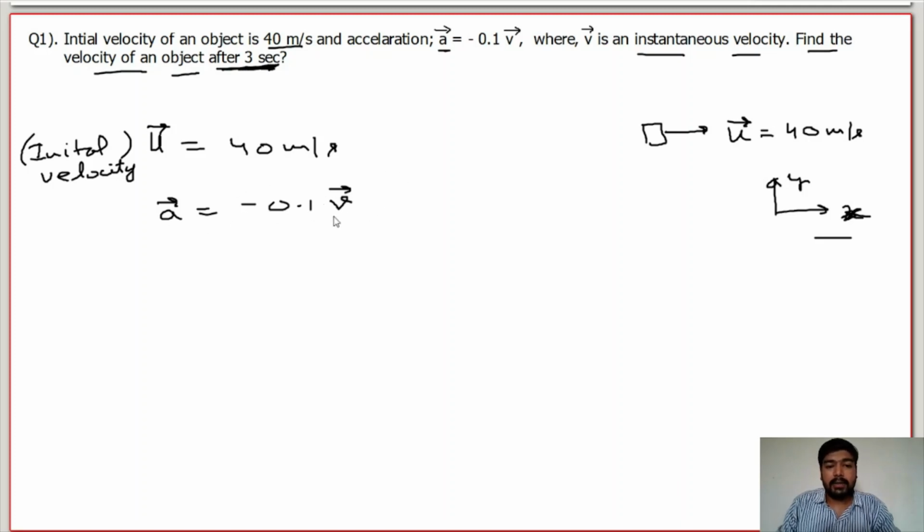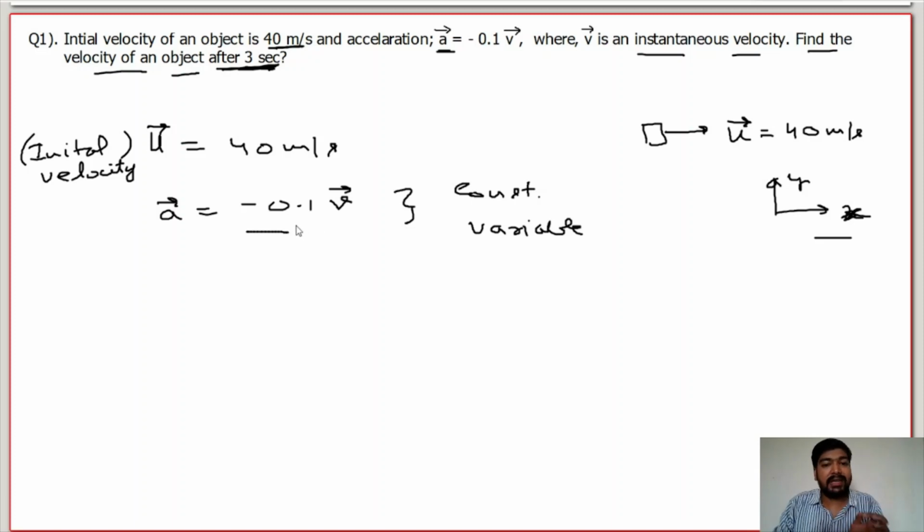But can you suggest to me whether this acceleration is constant or variable? As you can see, the initial velocity is 40 and it's having acceleration, that means velocity is changing. So this acceleration is not constant.